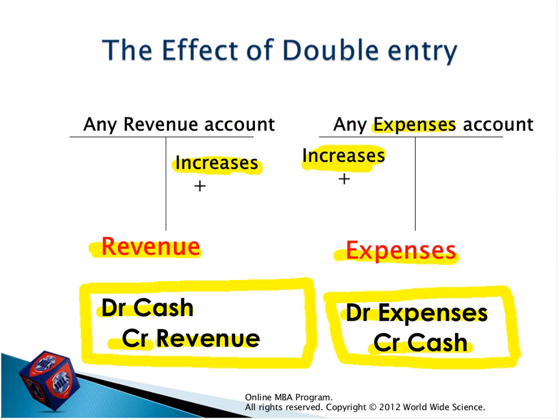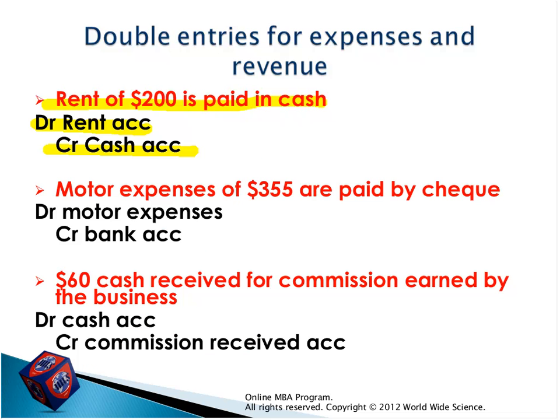Yes, right. When your expenses are increased, when you have an expense, you must pay. You incur some cost, right? We always show it on the debit side, as it is being increased. So this is what Mr. Sahibzada was asking.